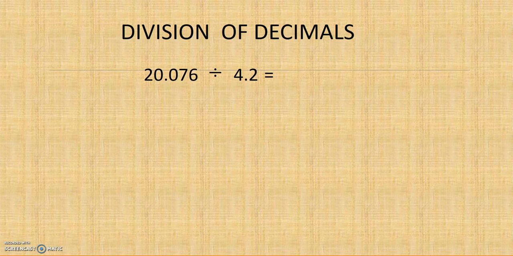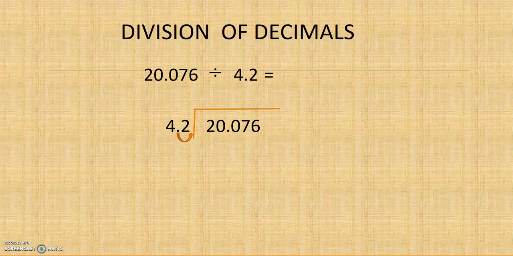Let's go to division of decimals. Suppose we have 20.076 or 20 and 76 thousandths divided by 4 and 2 tenths. Step 1, let's set up our long division method.